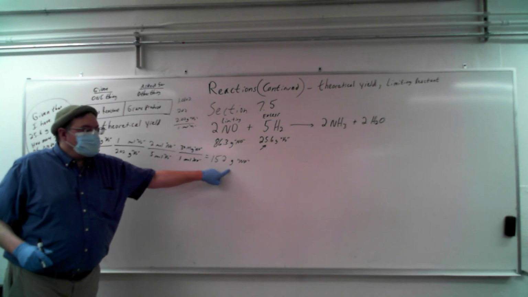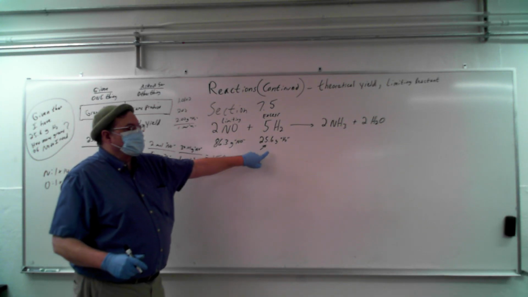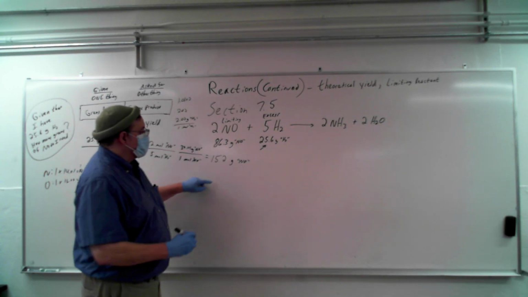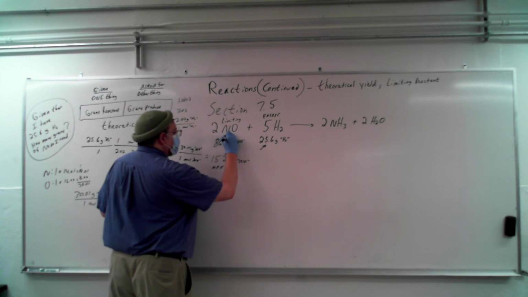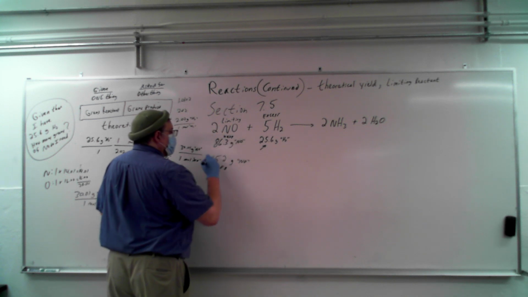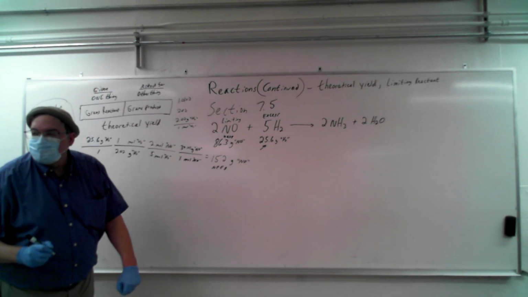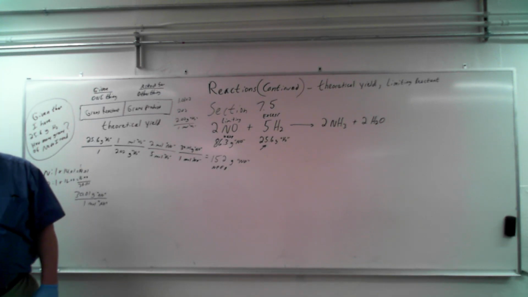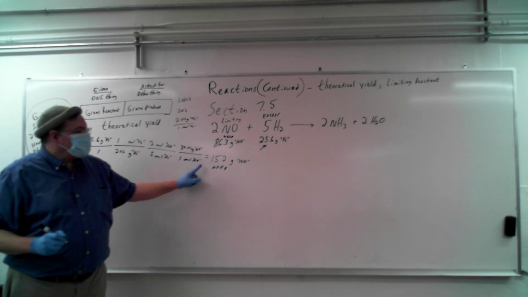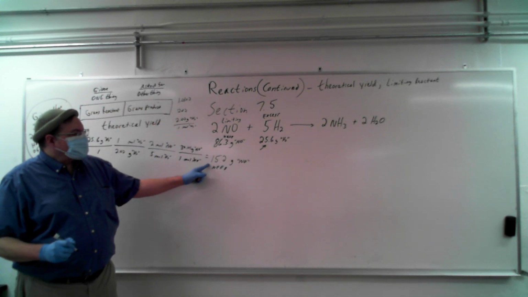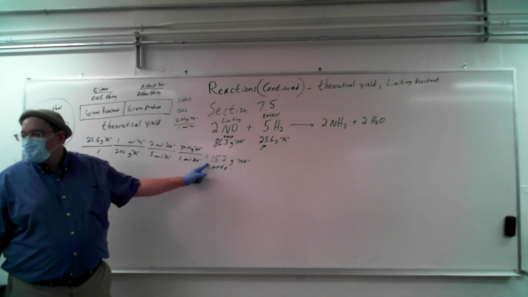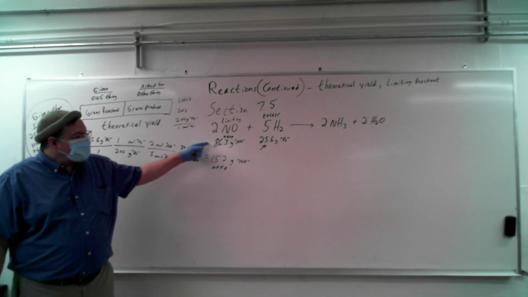That's how many we need to react with this many grams of H2. This is what we need. This is what we have: 86. We don't have enough. Given this many grams of H2, that's how many grams of NO we need, but this is how many grams we have.